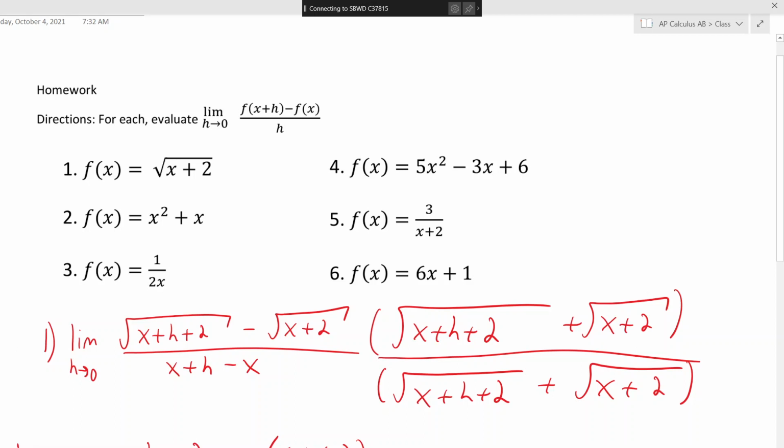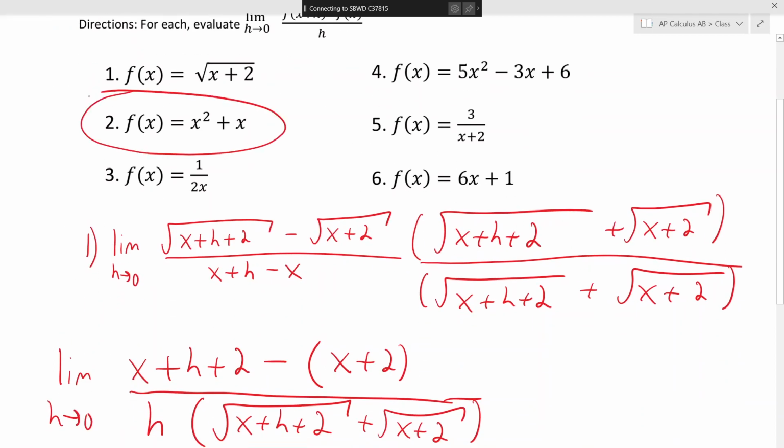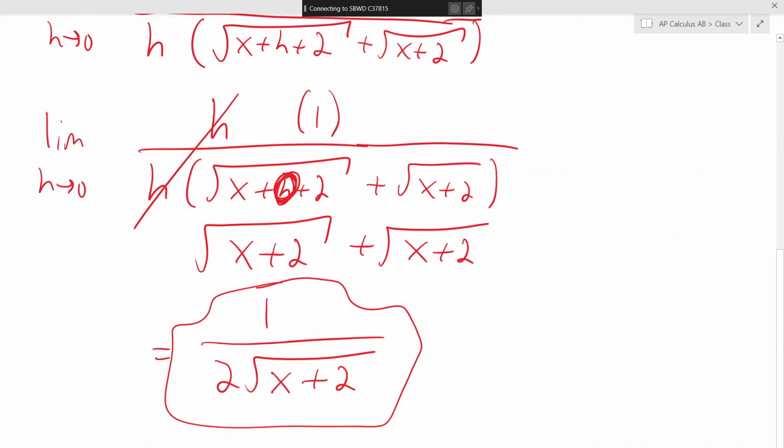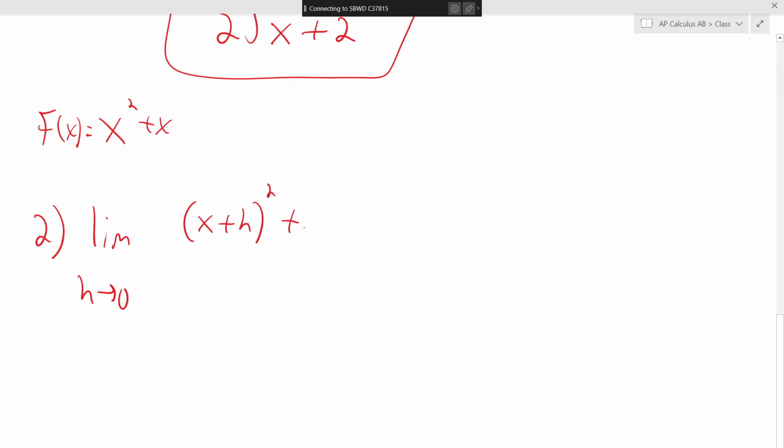So for number 2, which is x squared plus x right here, okay, that's going to look like this. That's the limit as h goes to 0. So we need f of x plus h. The function we're working with is x squared plus x, right? So x plus h plugged in is this.